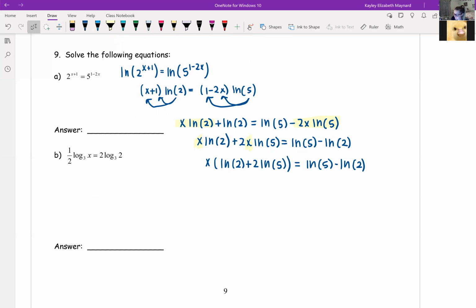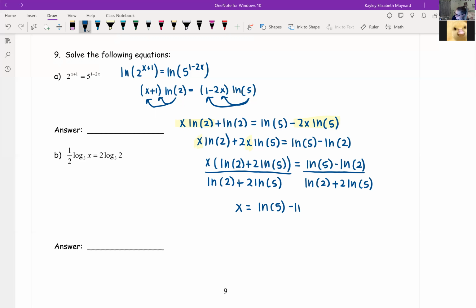So my next step is to divide by ln of 2 plus 2 times ln of 5. And then this is just going to give me that x is equal to ln of 5 minus ln of 2 over ln of 2 plus 2 ln of 5.